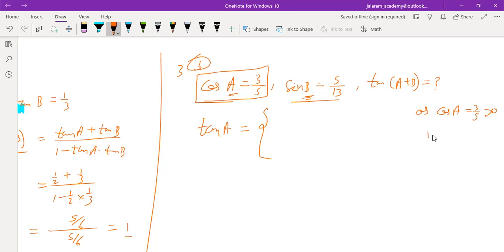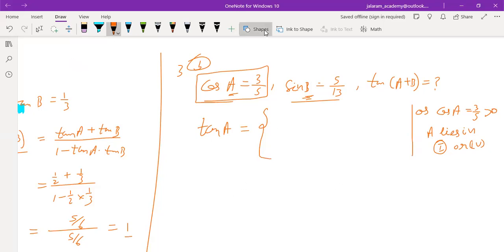It means A lies either in the first quadrant or in the fourth.